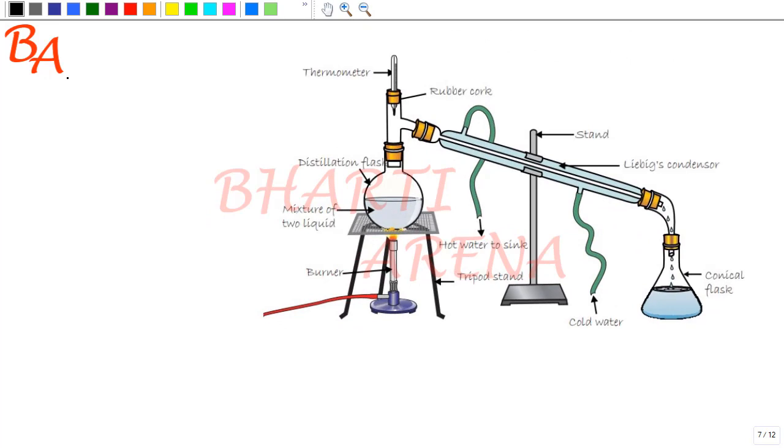Next method is separation by distillation.